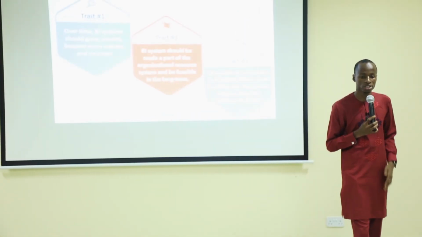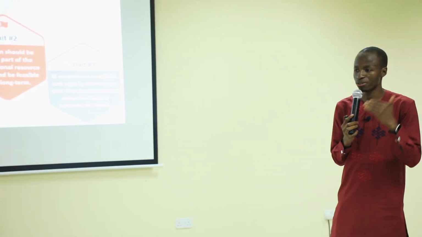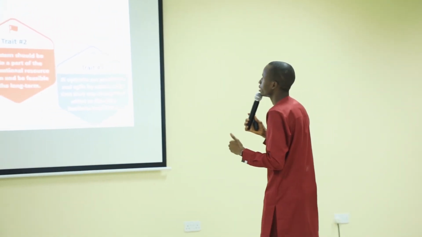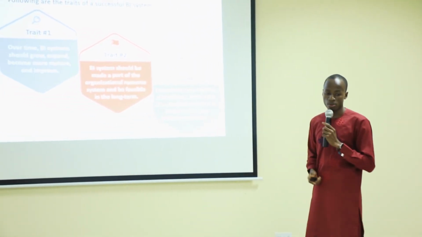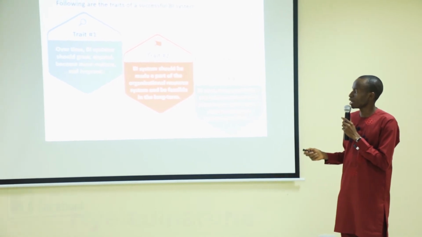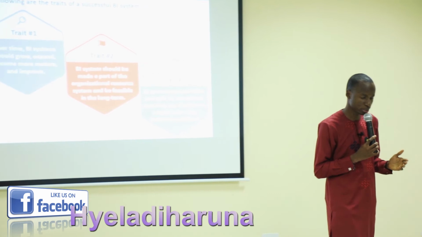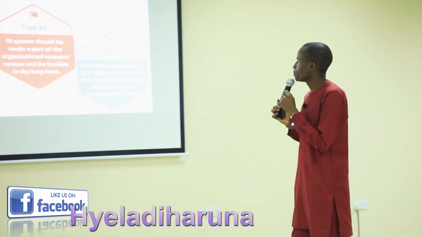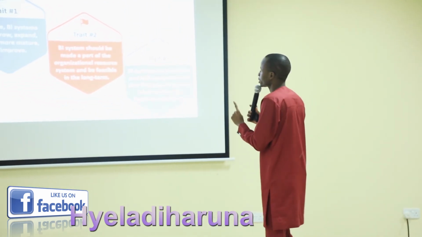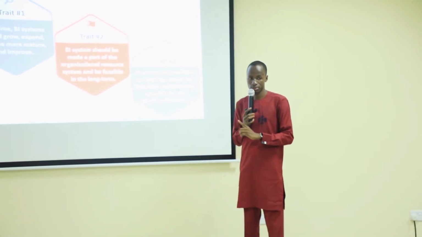So here are some traits of successful BI systems. These are the things that you look for to implement in your own systems. Number one, over time, BI systems should expand, become more matured, and should be improved, so there will be room for improvement. But above all, a BI system should be made part of the organizational resource system and should be feasible in the long term.